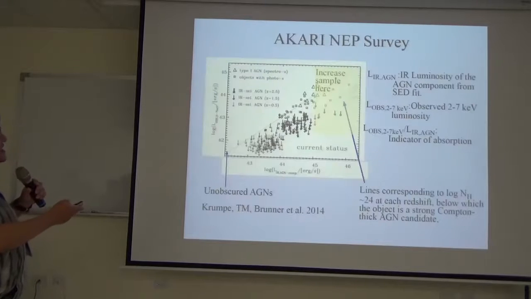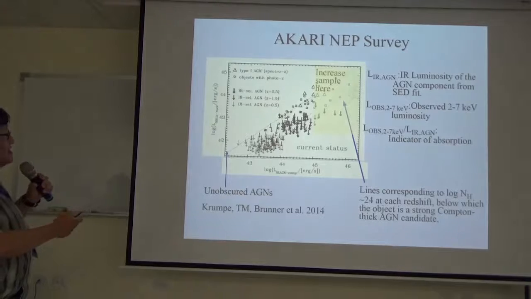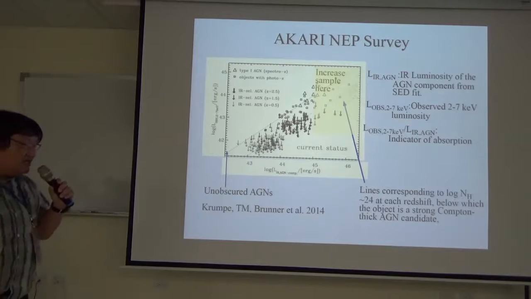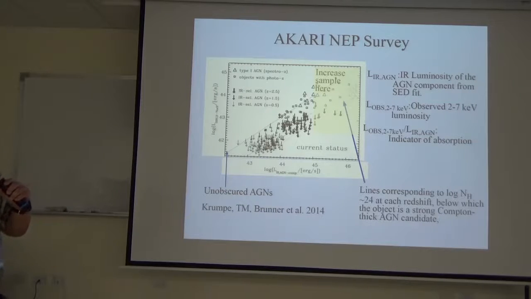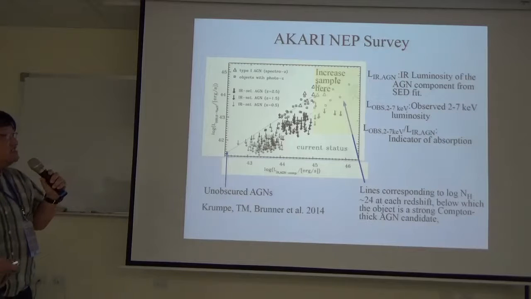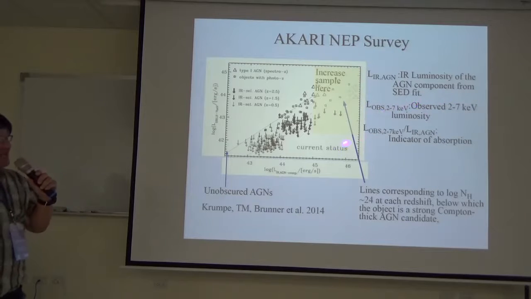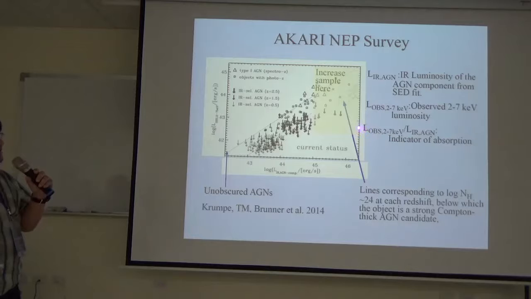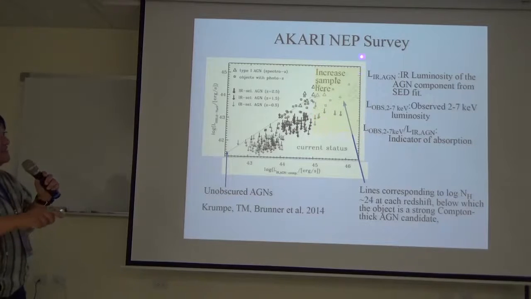I'll just give you some information. Of course, you heard about eROSITA and XRISM, especially eROSITA. We can do the same experiment to find the highly obscured AGN. We found some 28 somewhere around here, and we are trying to increase the sample.